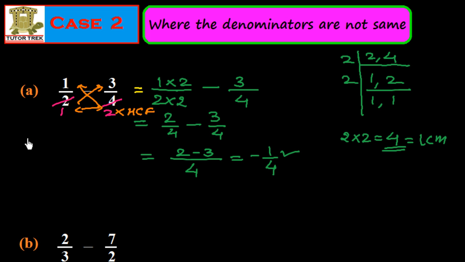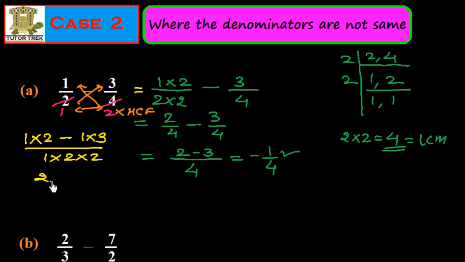Now we simplify this. We multiply the 1 with the denominator of the second number, and the numerator of the second number with the denominator of the first number. So 1 into 2 minus 1 into 3 over, in the denominator, we multiply the denominators after dividing by the HCF: 1 into 2, and we have to multiply the HCF. The HCF was 2 here.